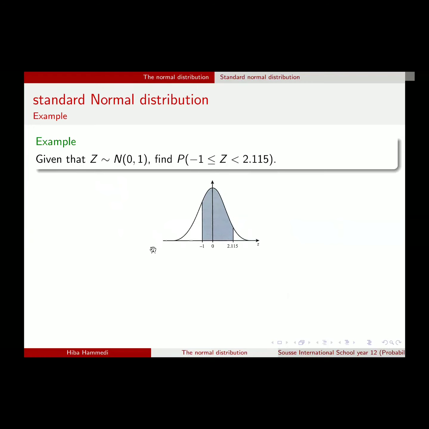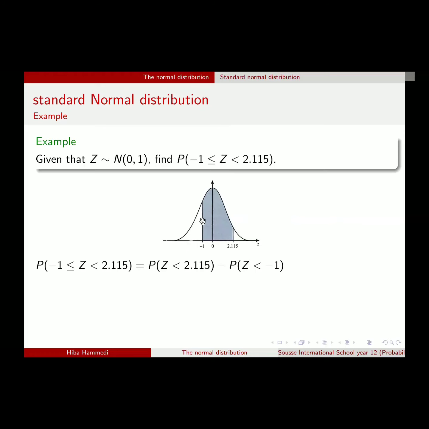Sketch it. A little sketch will help you a lot to get the probabilities correctly. Now, the probability of z between -1 and 2.115 is equal to the probability of z less than 2.115, which is this area, the whole thing here, minus the probability of z is less than -1.